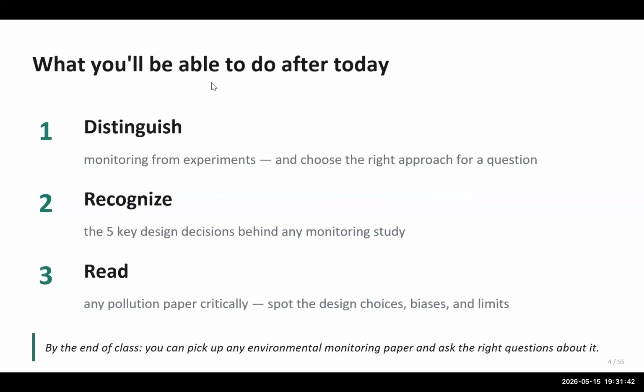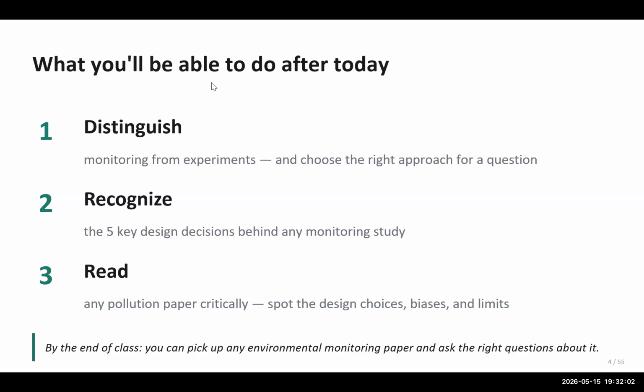So what you'll be able to do by the end of today's lecture is three things. First, tell the difference between monitoring and experiments and when to use which one. Second, recognize the 5 key design decisions behind any monitoring study.